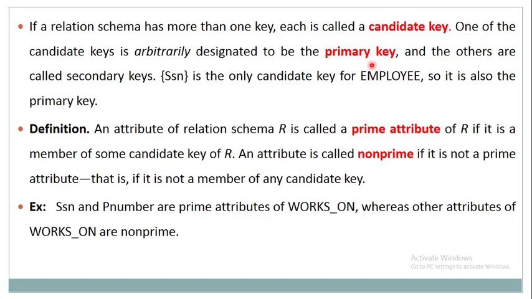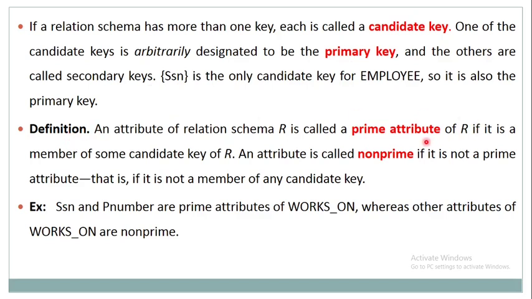All these attributes are called candidate keys. One of the candidate keys is arbitrarily designated as the primary key. For example, in a student table, we consider USN number as the primary key, and the rest, Aadhaar number and PAN number, are candidate keys. So out of n candidate keys, we select one attribute as the primary key.